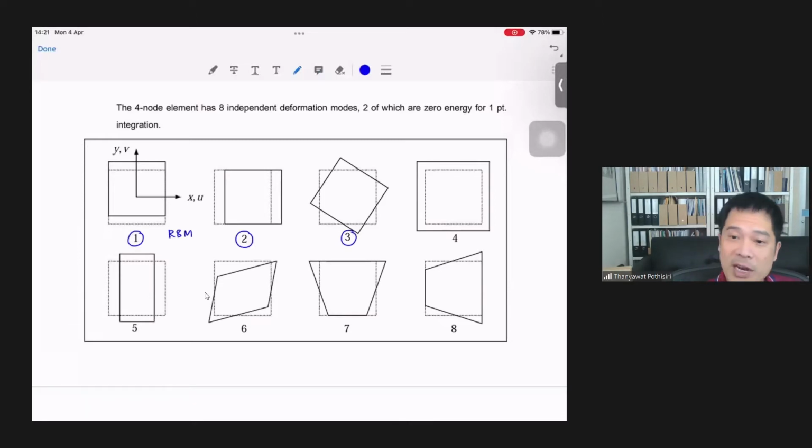So under this rigid body movement, it means the strain is 0 everywhere within your element. Okay, so either you use a 1-point rule or 2-point rule, doesn't make any difference because at any point within your element, the strain will be 0. So when you compute your element strain based on these sampling points, right, you will get 0 anyway. All right. What about number 4? Number 4 here.